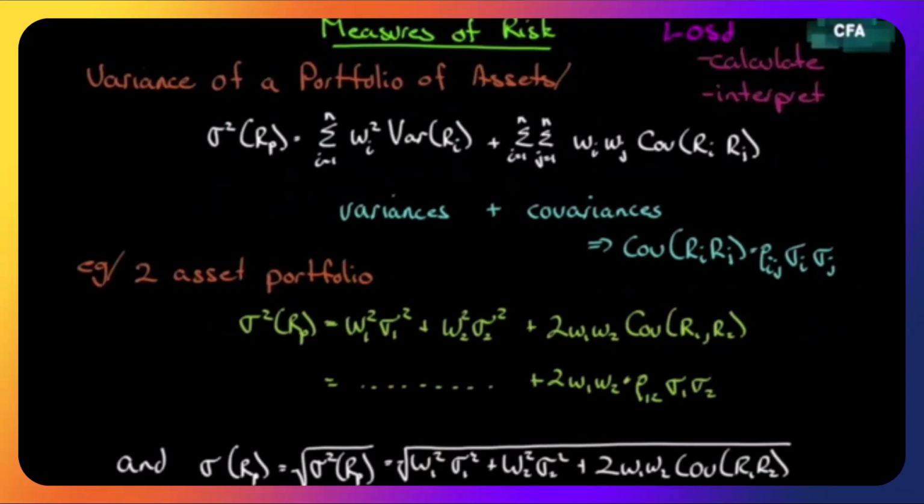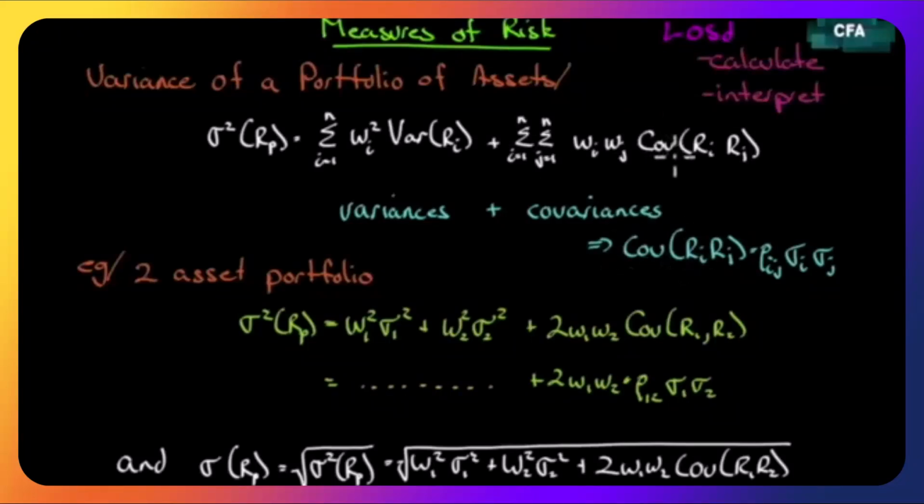So on the variance of the portfolio of assets, here's what we have. If we want to break out that formula we ended with on the last screen, it is nothing more than the sum of, these are the variances. Remember, if i and j were the same, our wi, wj would end up being wi squared times the variance, plus the covariance. So here, we've just broken down that last formula, saying that the variance of the portfolio of assets is nothing more than all of the variances of the individual assets within the portfolio, plus all the covariances between them.